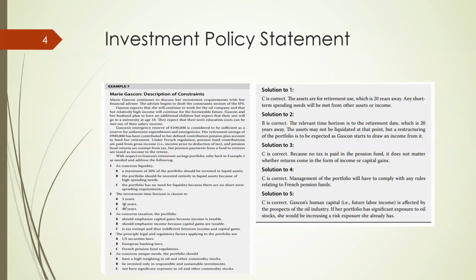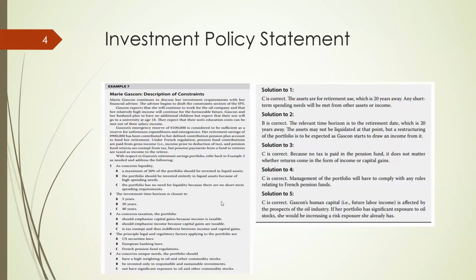We don't know the son's age, but the most likely could be B. As concerns taxation, the portfolio should emphasize capital gains because income is taxable, should emphasize income because capital gains are taxable, or is tax exempt and thus indifferent between income and capital gains. So as per the French law, pension fund contributions and returns are tax exempt. So the answer is C.